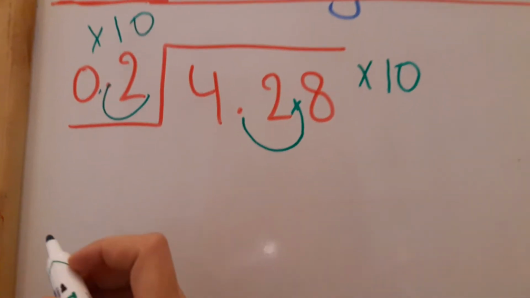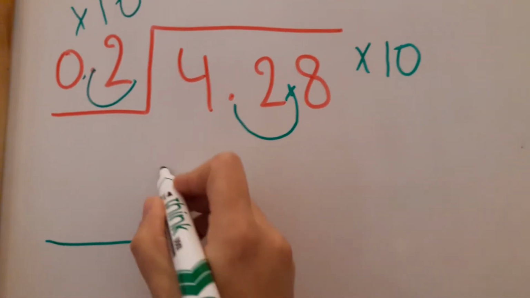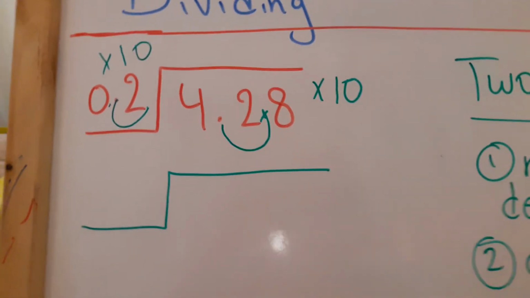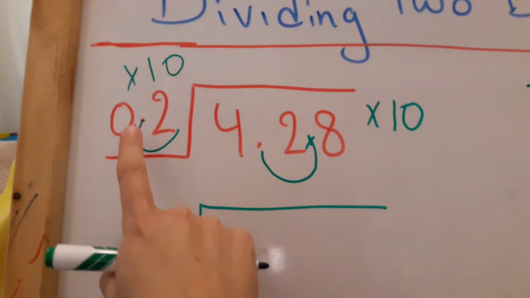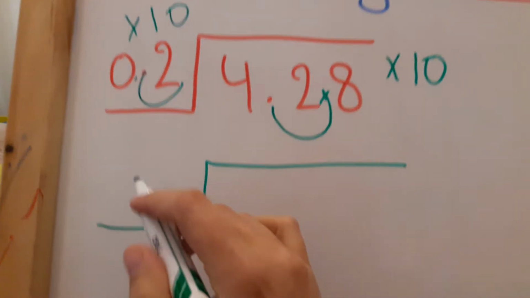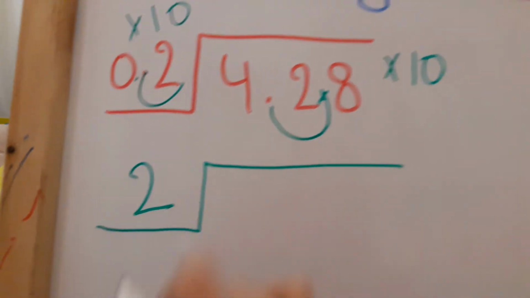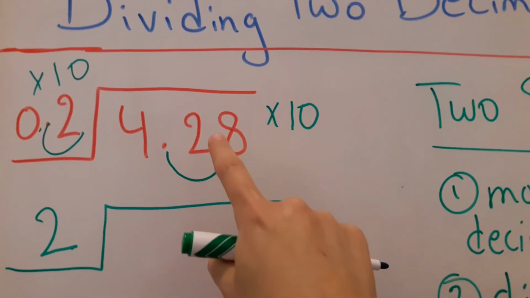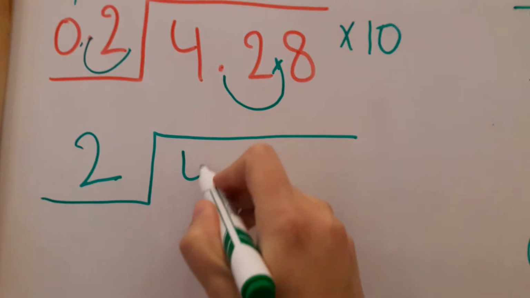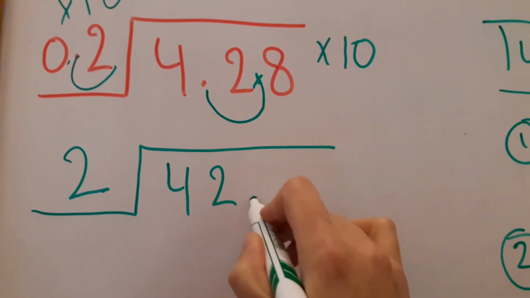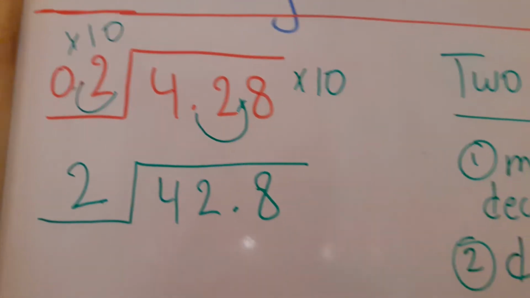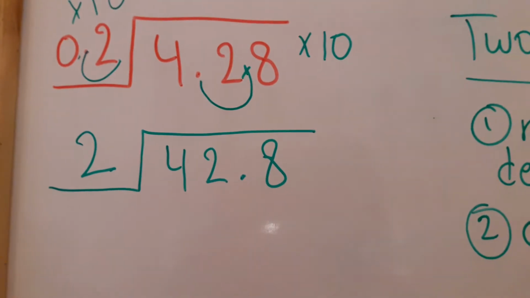So our new question will be the following. Moving one place value, it means I have over here 2. Moving one place value, it means I have over here 42.8.